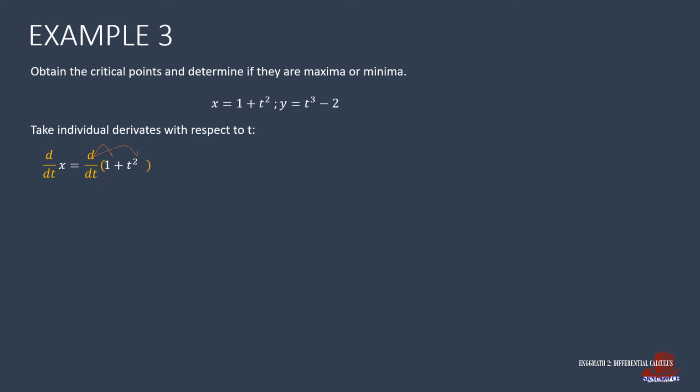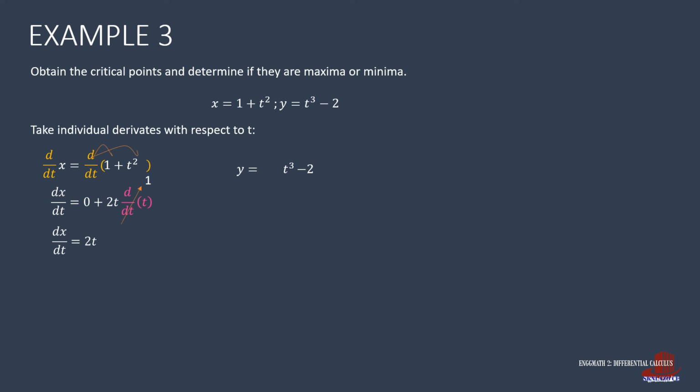The terms can be separated, so dx over dt is then the derivative of 1, which is 0. Then take the derivative of t squared, which is 2t, and attach the derivative of t with respect to t from chain rule. dt over dt is 1, simplifying dx over dt as 2t.